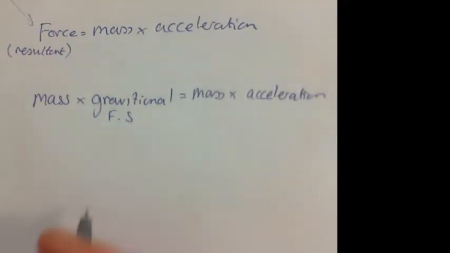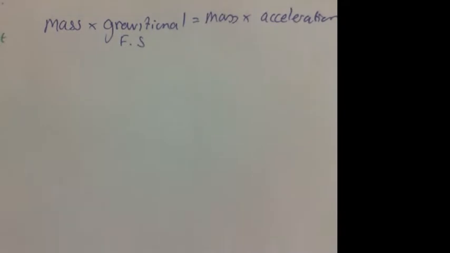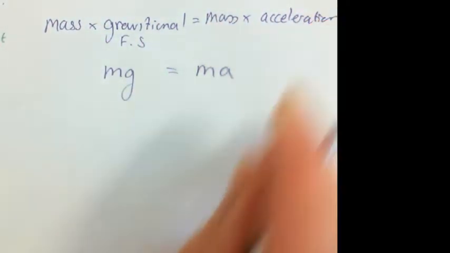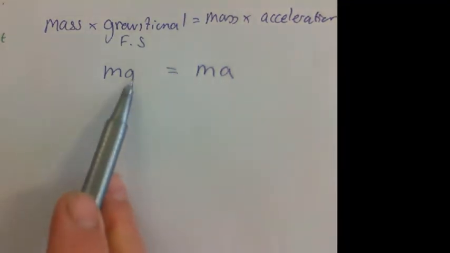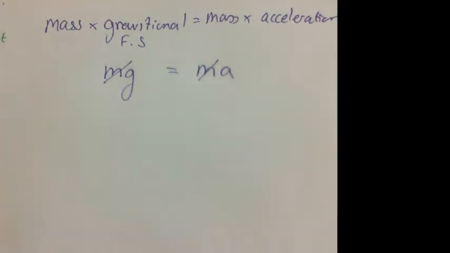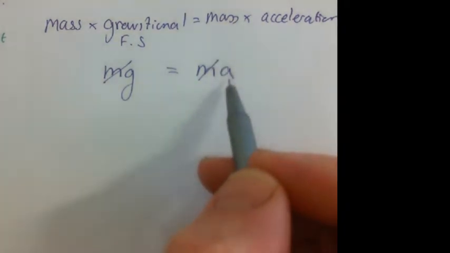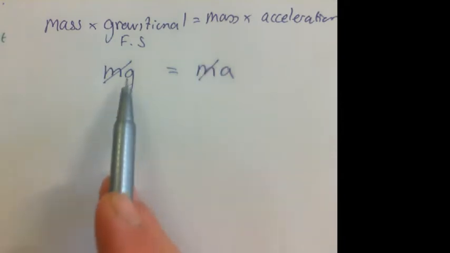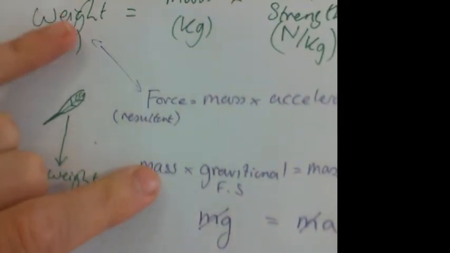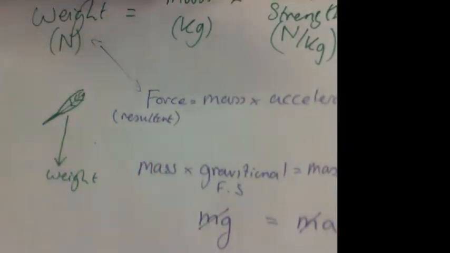And if I put that into symbols now, just so that I don't have to write it out every time, it's going to be mg equals ma. And this is the mass of the feather, so this cancels out. So what I can say is that the acceleration on that feather is equal to the gravitational field strength of the moon, because all of that resultant force is being provided by the weight. And weight is mass times gravity.